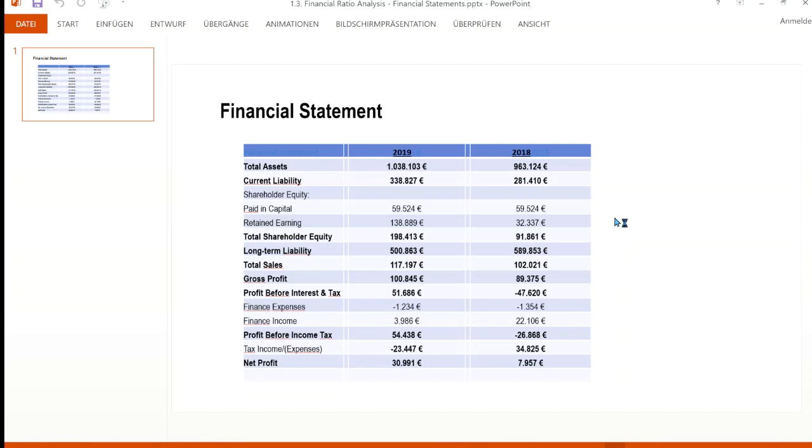And for the analysis, I'll be using mainly the 2019 figures, just so that you know. So when I show you the analysis, you'll be able to relate to the figures that are shown right now on the financial statement.